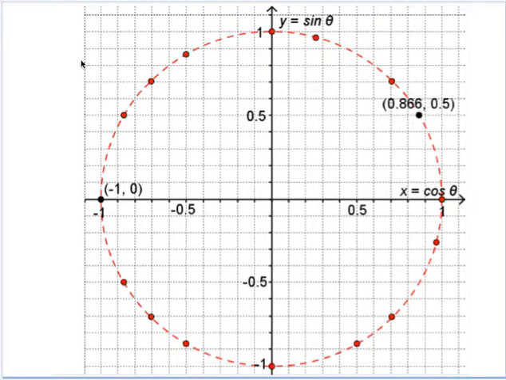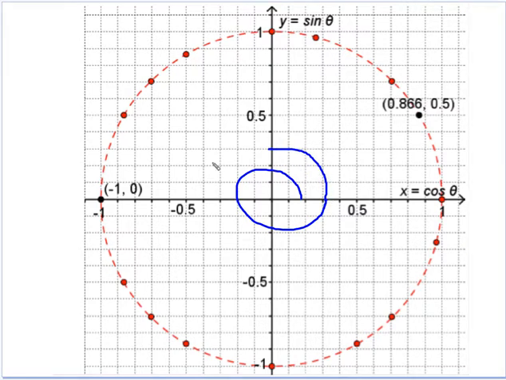In order to make this circle, I want to find my sine and cosine values of pretty much any type of angle. Doesn't matter if it's a positive angle or a negative angle, or it could be an angle of, let's say, 360 degrees, or maybe an angle of 360 plus 90, 450.